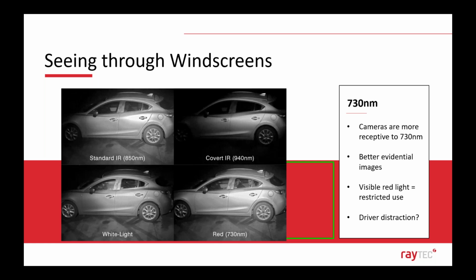So it becomes a case of, depending on what you're looking at, if you're just trying to see the driver, so for example, there's more recent cases of checking for people using phones and stuff like that on UK roads, then maybe you don't need 730 nanometers, but certainly if you're looking through the side windows, potentially darkened glass, then 730 nanometers becomes, very well, an attractive solution.